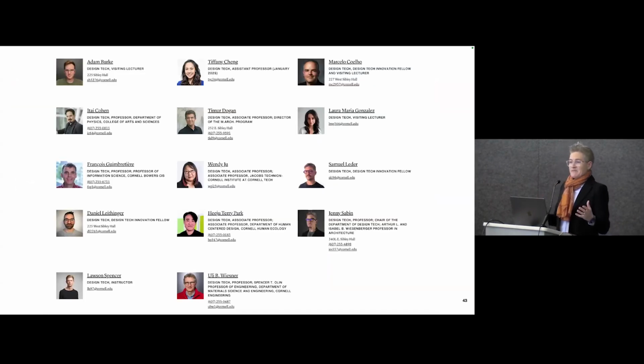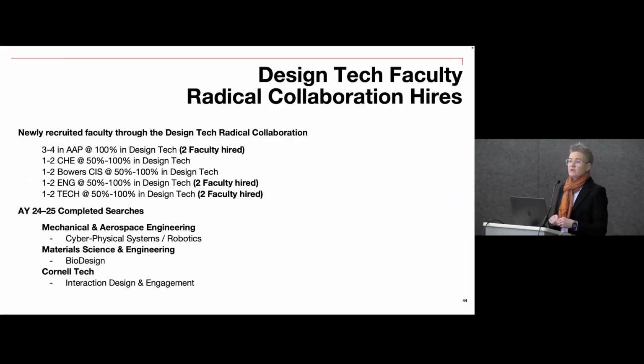And we have been growing. We have launched faculty searches for several years through what is called a Radical Collaboration Initiative, supported by the Provost's Office. We completed our second round of faculty hires last year, where we had two searches, one joint with Cornell Tech, and also one that was joint with engineering, including with mechanical and aerospace engineering and material science and engineering.